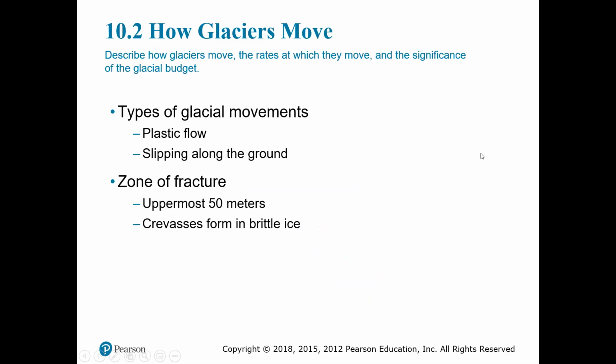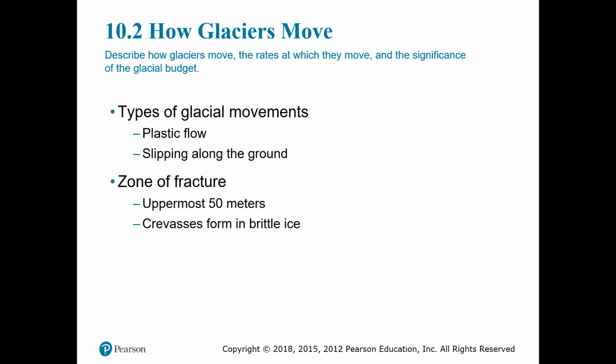So now we'll switch gears and talk a little bit about how glaciers move. There are two basic types of ice movement. We have plastic flow, which is movement within the ice, and then we have slipping along the ground.